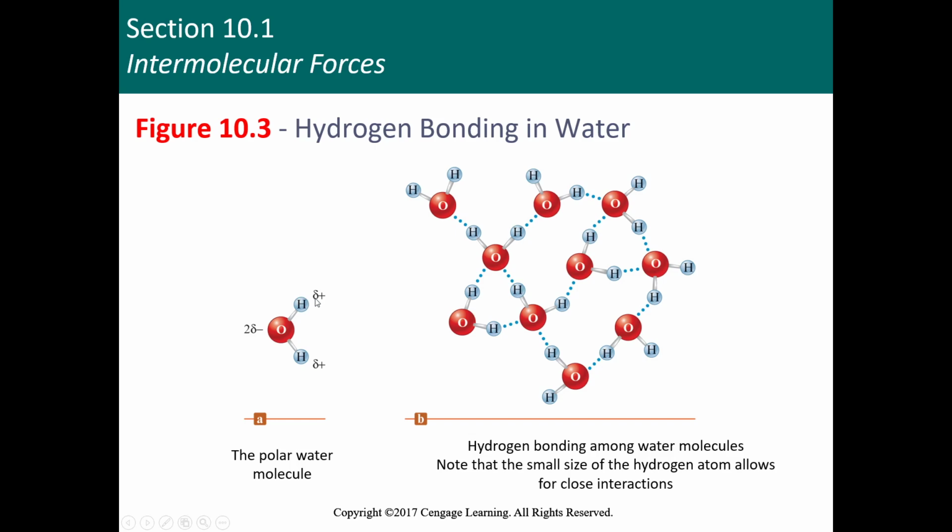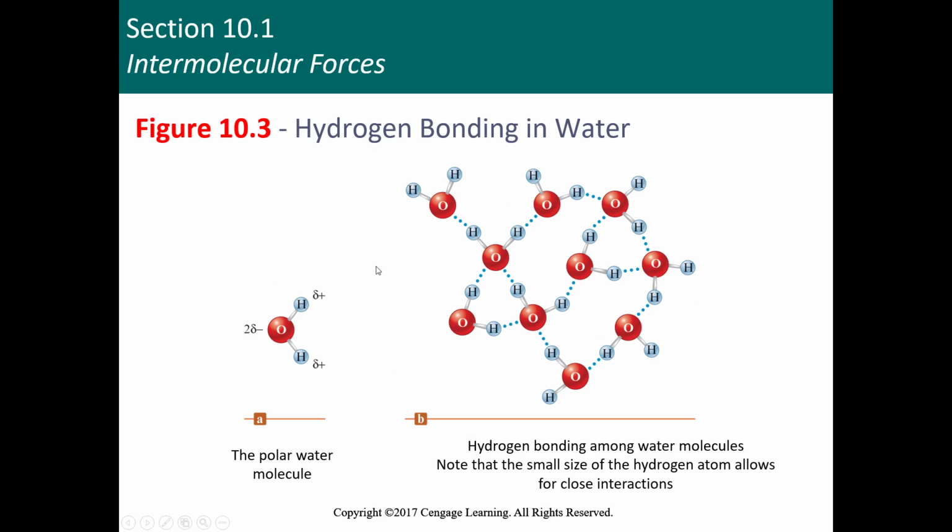And so you have not a plus one charge, but something slightly less than one. You have something less than a negative one charge here because these are not ions, right? They don't lose their electrons. And that's why you get that partial positive, partial negative.